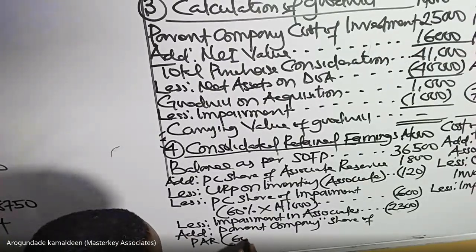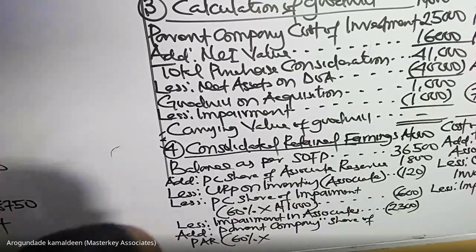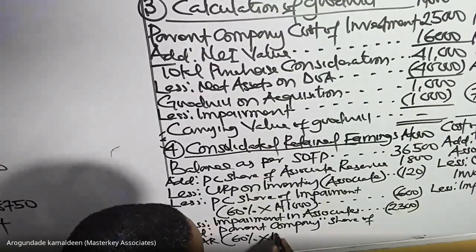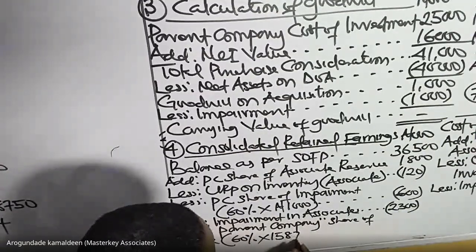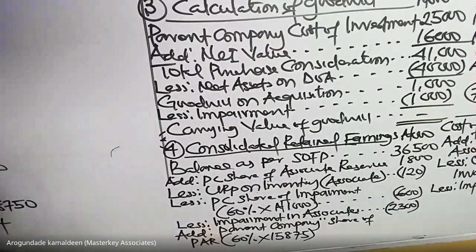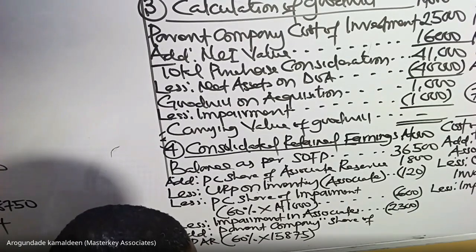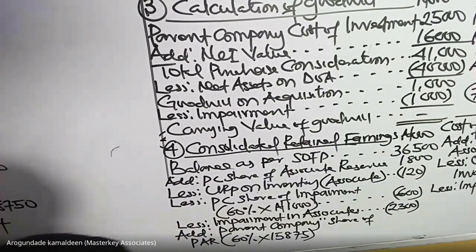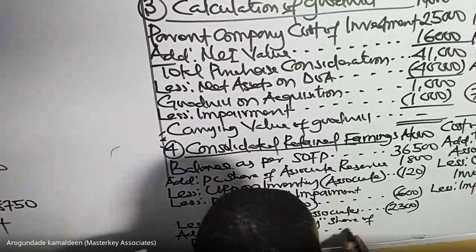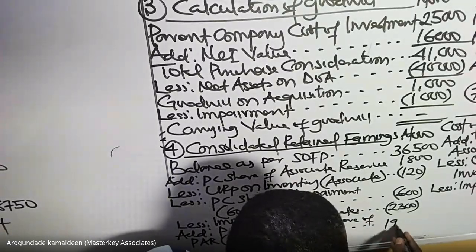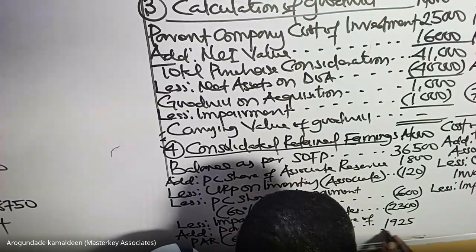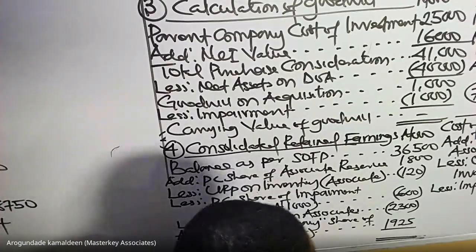You are having 60% as the boss, then of 15,875. 0.6 times 15,875, 9,525. Please let me check. 9,525. We add now.